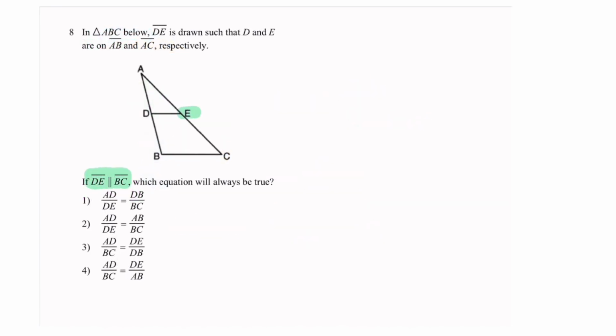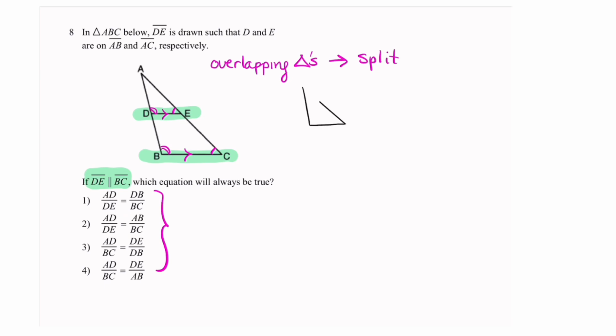In triangle ABC below, DE is drawn such that D and E are on AB and AC respectively. If DE is parallel to BC, which equation will be true? So here I'm putting in my corresponding angles that are congruent based on the parallel lines. And what I want to do is pull apart the overlapping triangles, split it up so that I can look at them respectively as separate triangles.